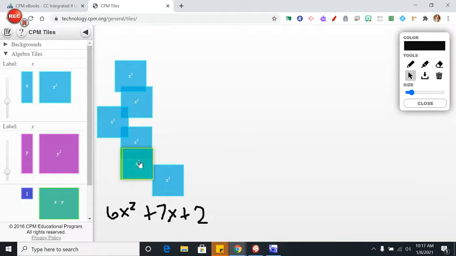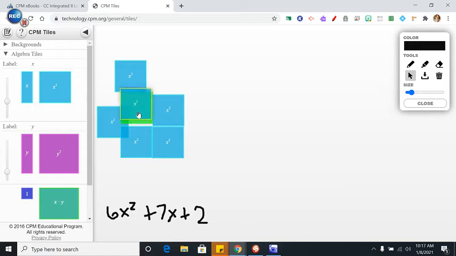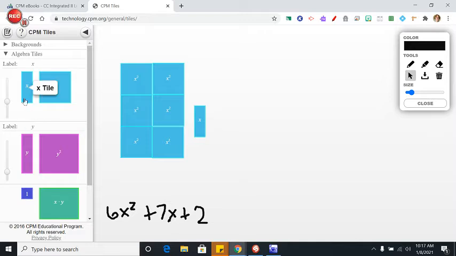There's my 6x squared tiles. And then I'm going to get 7x tiles. These are my x tiles.